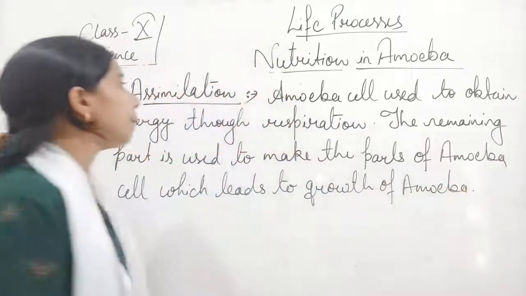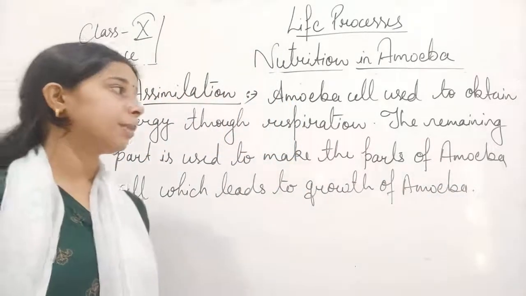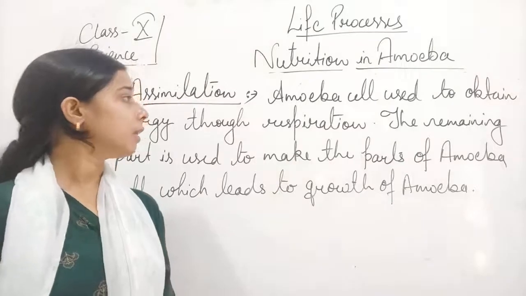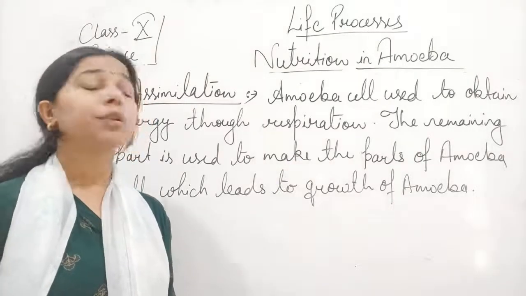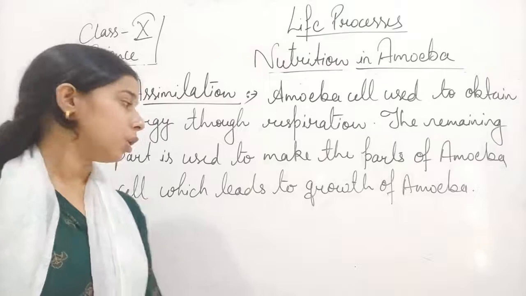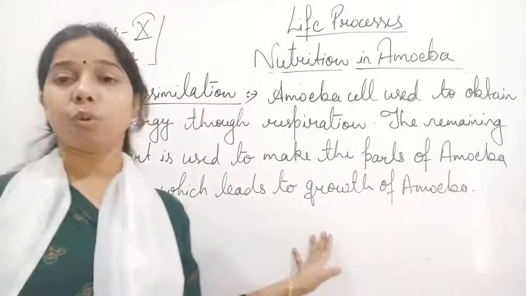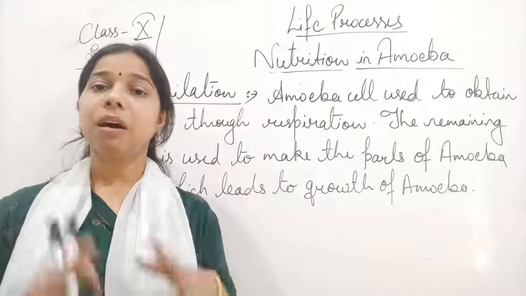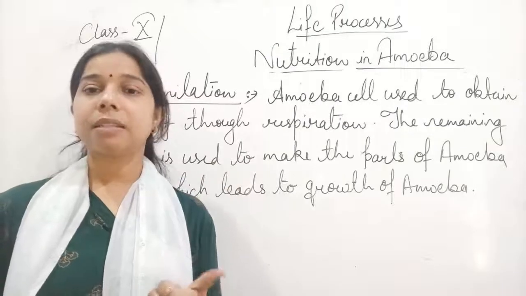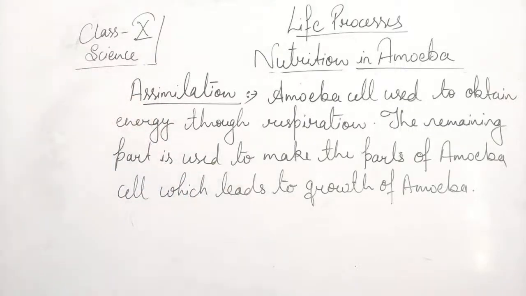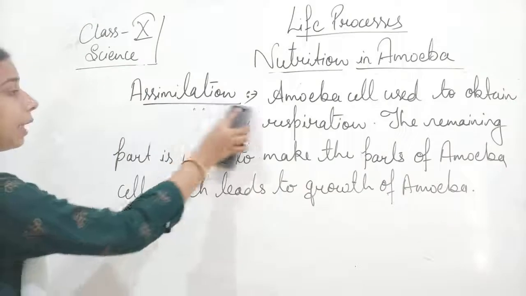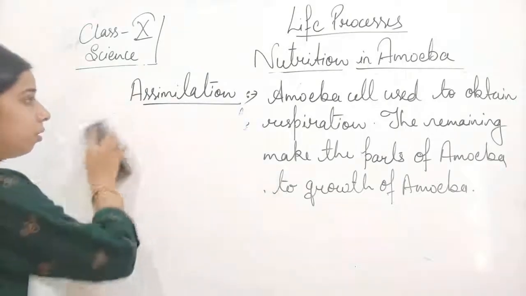So basically the next one is assimilation, where the respiration process occurs, and the remaining part leads to growth of the amoeba body. Okay, so this is the next point, student. Now let me draw the diagram of what happened in case of assimilation.